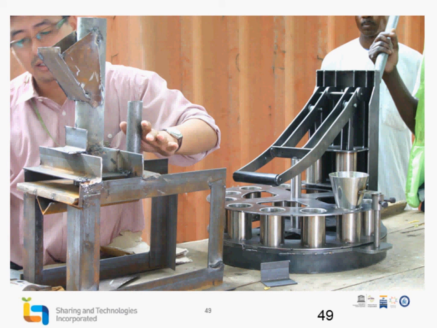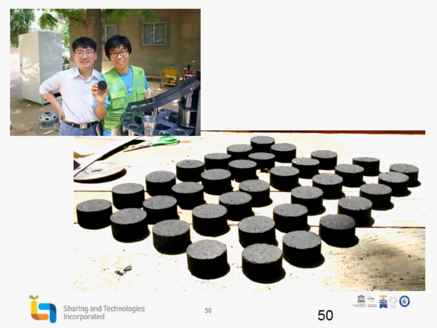This is a case which shows that a small discovery of opportunity and courageous attempt and trial can lead a variety of business and technological development. This picture shows the final product.